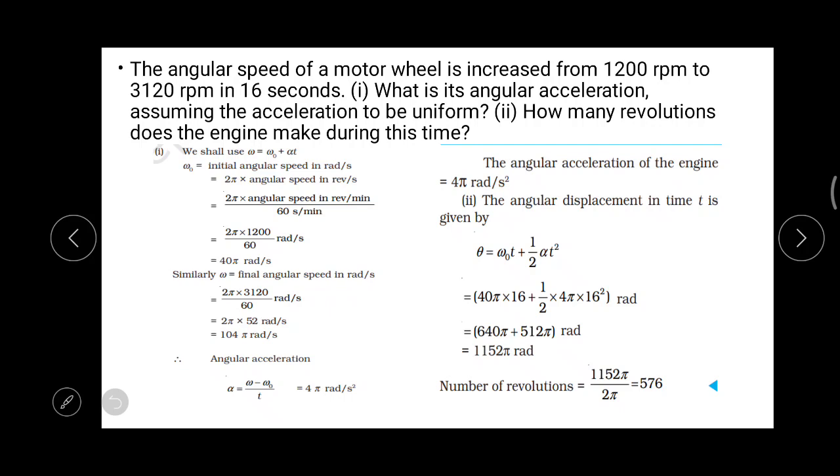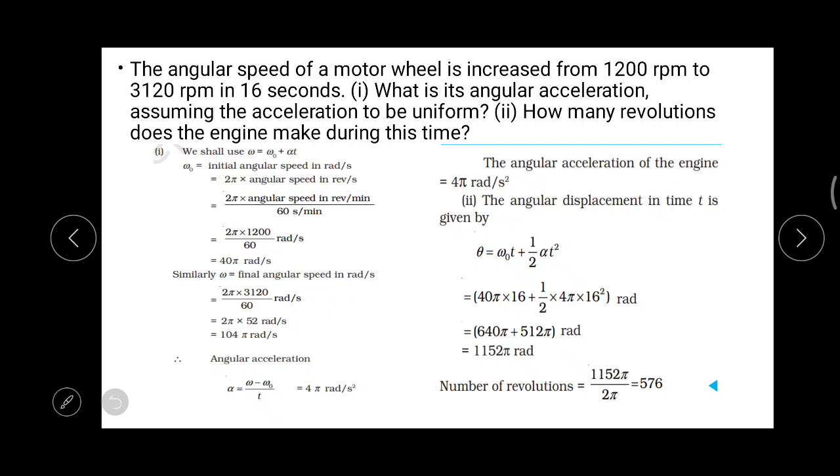That was the initial, and the final is 3120 rotations per minute, and the time taken for this change in angular speed is 16 seconds.